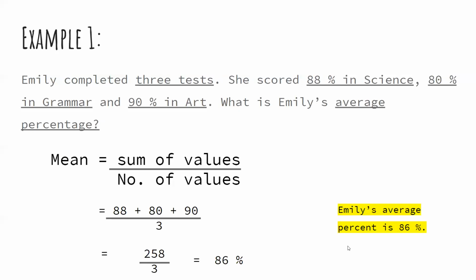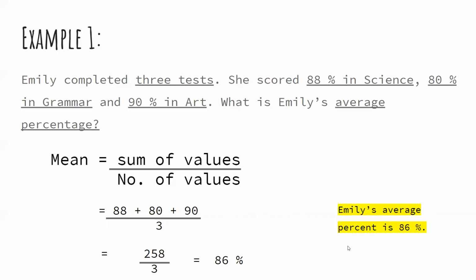Now, look at the number we wrote to represent the number of values. We wrote a 3. Can you guess why we wrote 3? Well, we have 3 numbers to add in the problem. Emily completed 3 tests. 3 tests means 3 scores.